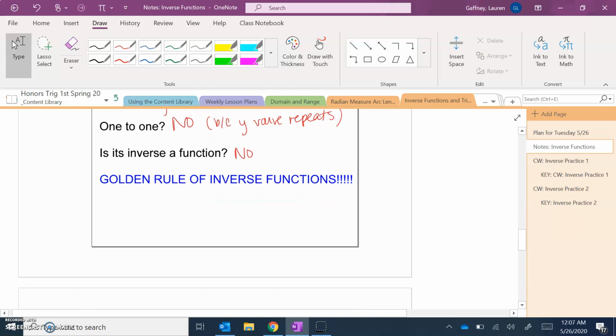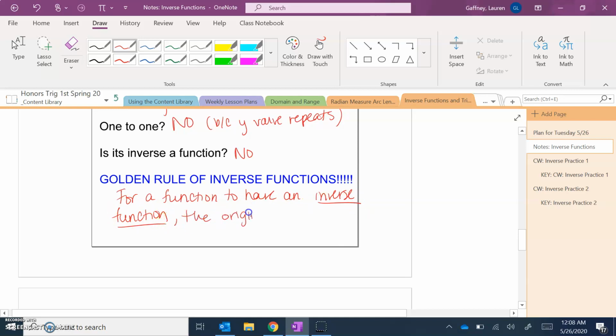So the golden rule of inverse functions, basically: for a function to have an inverse function. Now the key word is that I said inverse function. The original must be one-to-one.